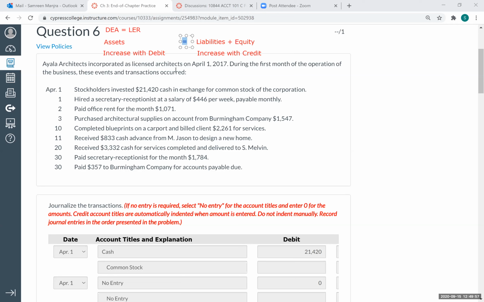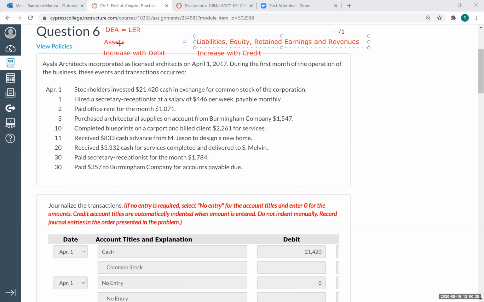We also think about the impact of the items that are included within equity. So for example, within equity, we also have retained earnings and revenues. Retained earnings and revenues increase equity, so they also increase with credits.